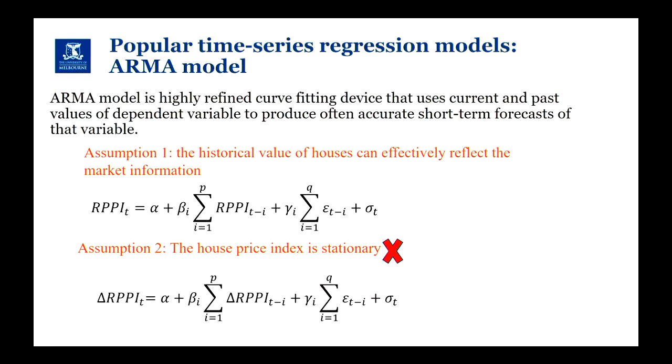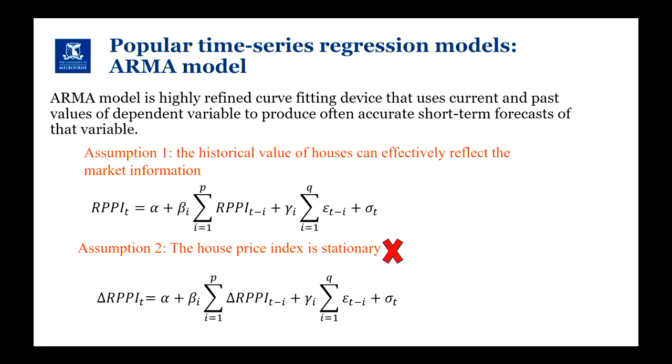So instead of analyzing how the previous house price influences the current house price, we can estimate how the changes in previous time periods influence the current changes in house price. So we can only use the ARMA model for short-term analysis, to predict the short-term behavior in the house price index in Melbourne.